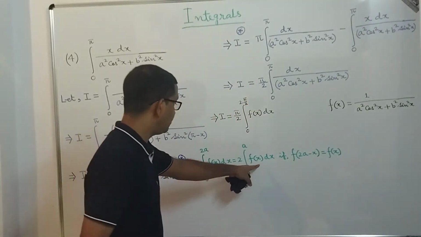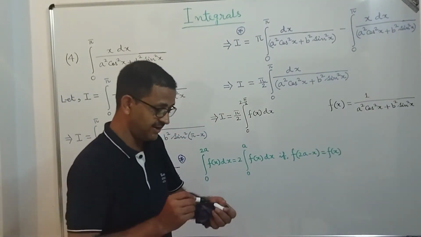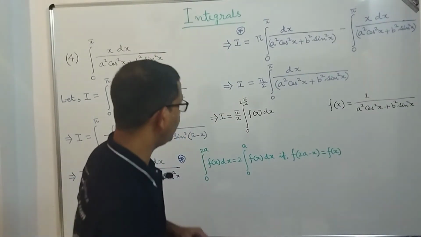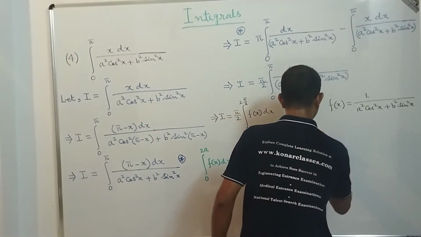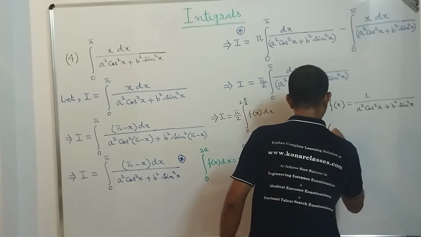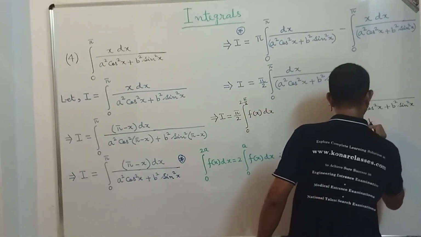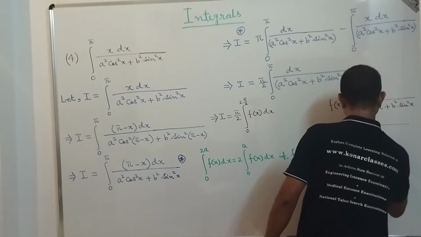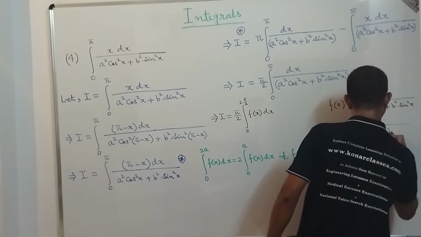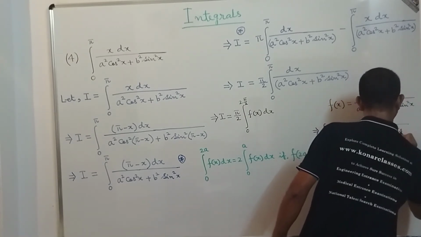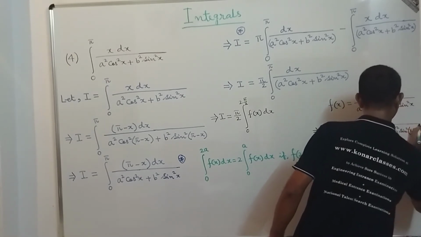Now let's find the value of f of 2a minus x, that means f of pi minus x. So from here we get that f of pi minus x is equal to 1 by a square into cos square pi minus x plus b square into sin square pi minus x.